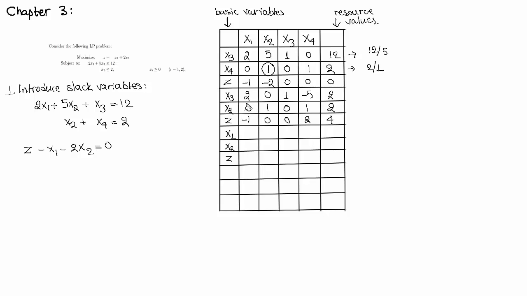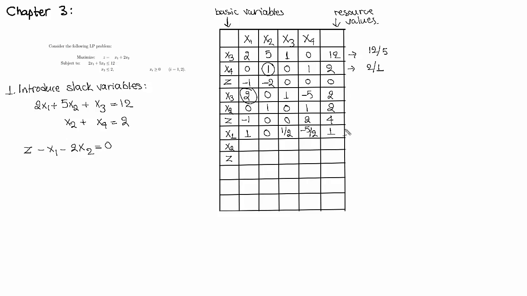So the smallest ratio is going to be 2 over 2, which is 1, and we're going to pivot on that element. And since we want 1 in that place, we're going to divide the whole row by 2. So we're going to have 1, 0, a half, minus 5 over 2, and 1.